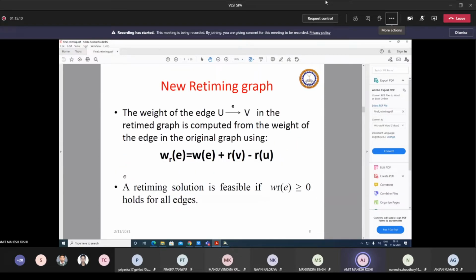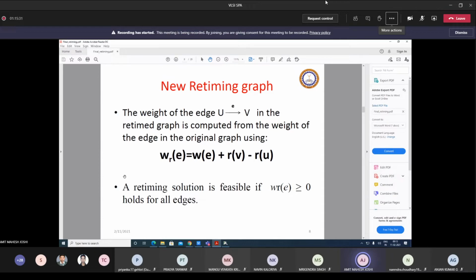Now when I apply the retiming vector method, the weight of that particular edge gets changed.